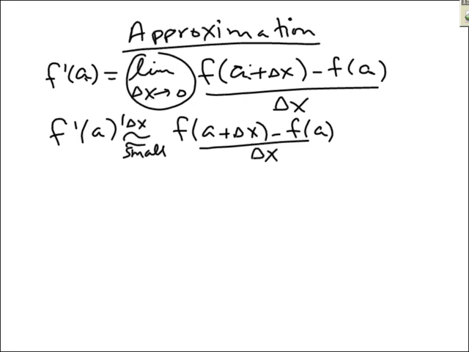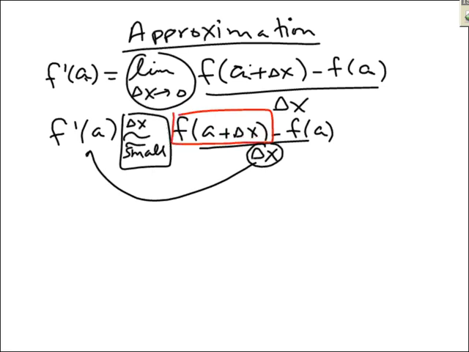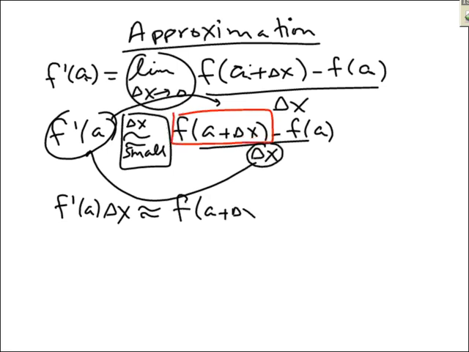Treating this approximate symbol just like an equal sign, I want to solve algebraically for this. Well, like I've always said, the denominator times the other side is equal to the whole top. That is f prime of a times delta x approximately f of a plus delta x minus f of a.